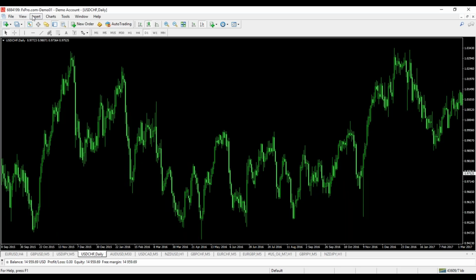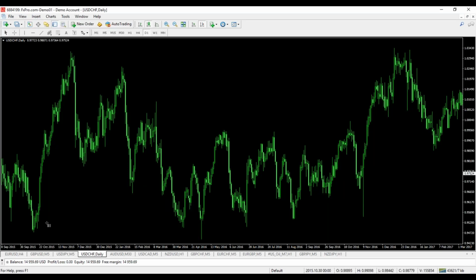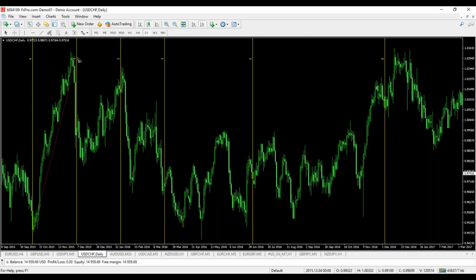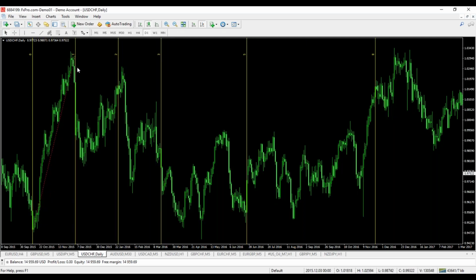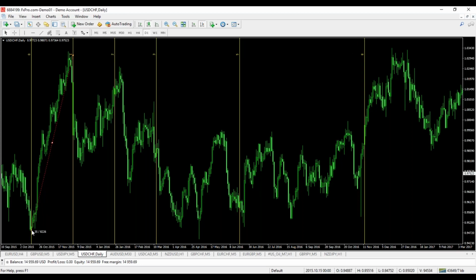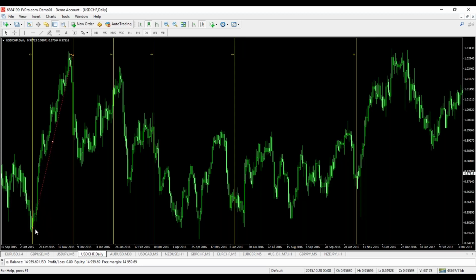All right, now you go to insert Fibonacci time zones. Now I take the bottom of the trend and I take the top of the trend approximately, and I try to find some kind of a correlation between time frames.